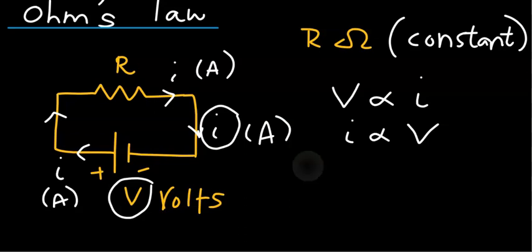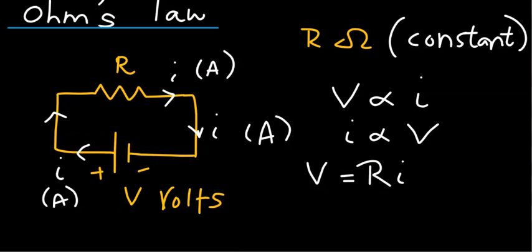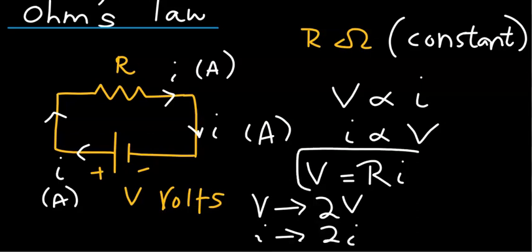The constant of proportionality turns out to be the resistance of that resistor, namely capital R. This means if we were to replace it with a stronger battery, which will provide a voltage of 2V, the current in the circuit will now be 2 times the original current. So that is the simple proportionality, and that is the essence of Ohm's law.